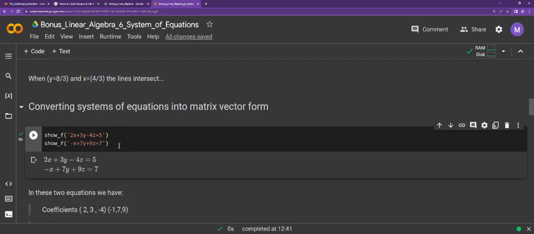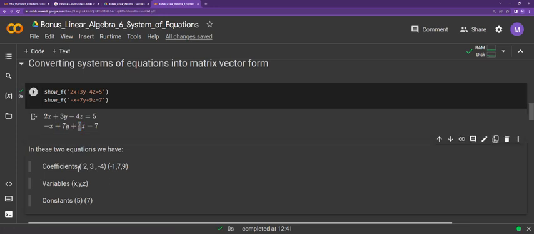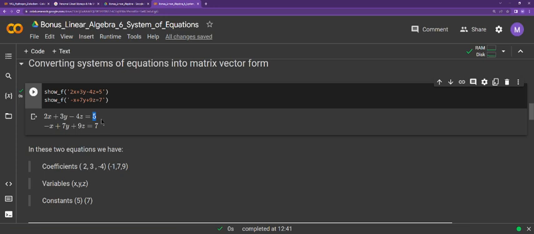In terms of linear algebra, the coefficients are 2, 3, and minus 4 for the first equation, and minus 1, 7, and plus 9 for the second equation. We have variables x, y, and z, and two constants, 5 and 7.